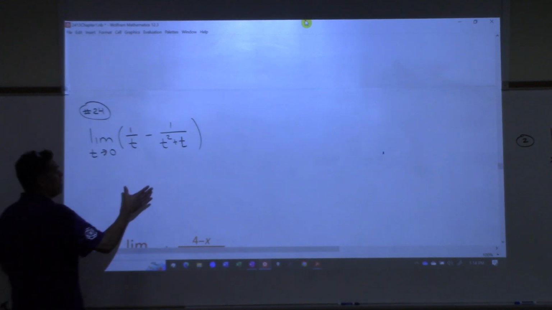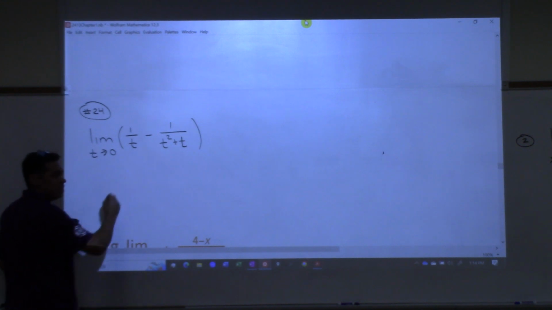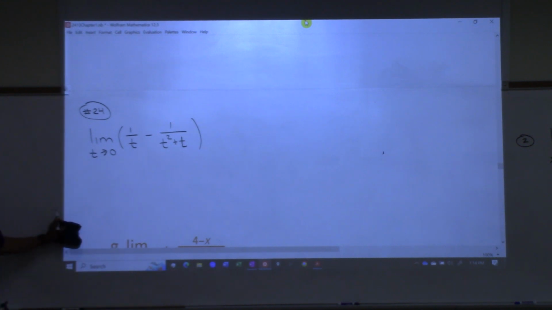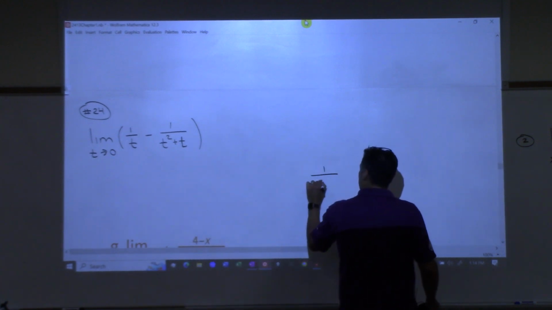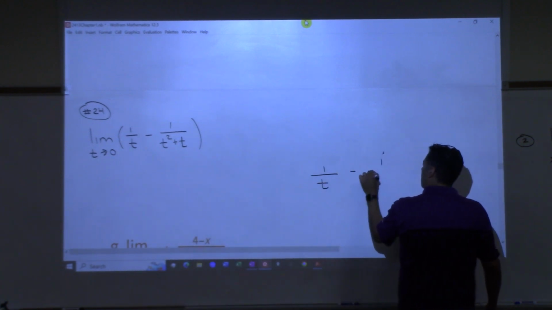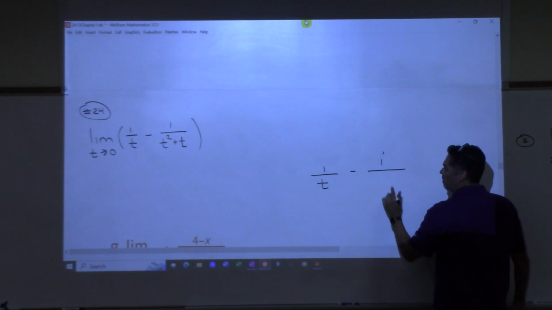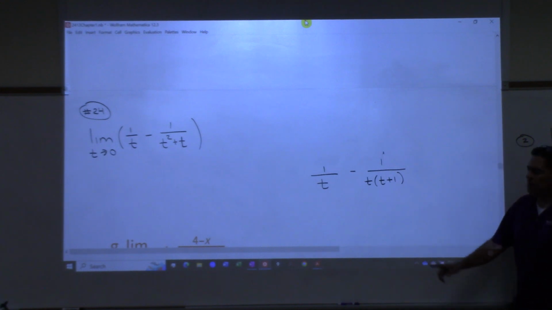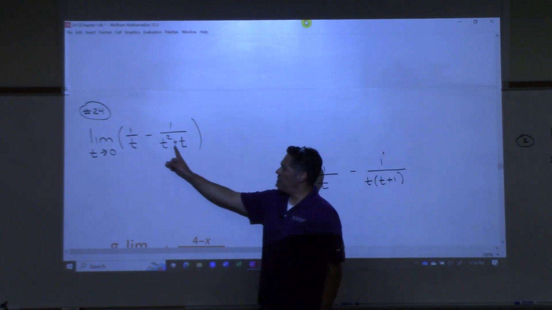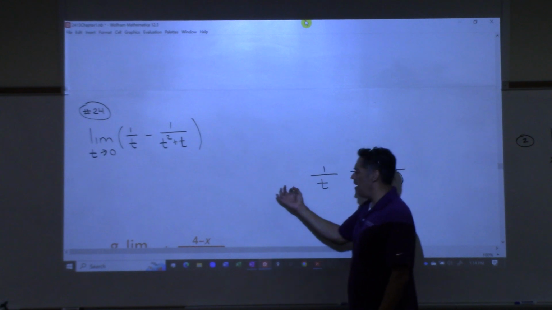So the algebra that I'm going to do is I'm going to try and put these two fractions together, get a common denominator between the two. So think of it this way. If we're looking at that expression, before I take the limit, please realize that on the fraction on the right, you could factor a t out, like that, right? I have a common factor of a t in both of these, so I can pull that t out.